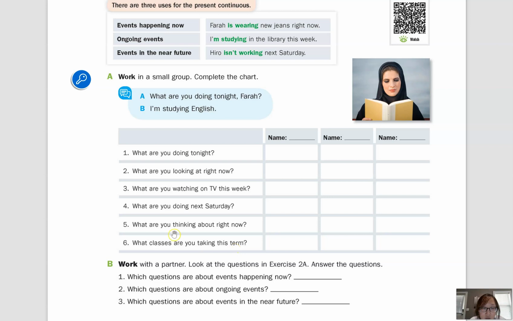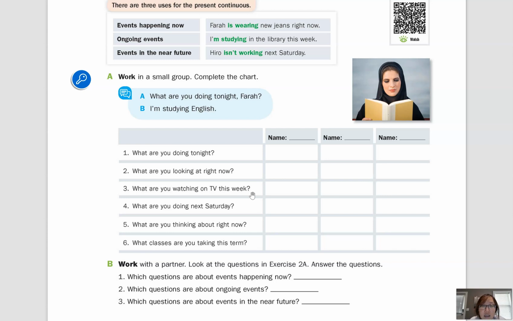So numbers 3 and 6 are questions about ongoing events. Okay, so what are you watching on TV this week? So maybe you started a new series on Netflix, and maybe you started watching it on Sunday.